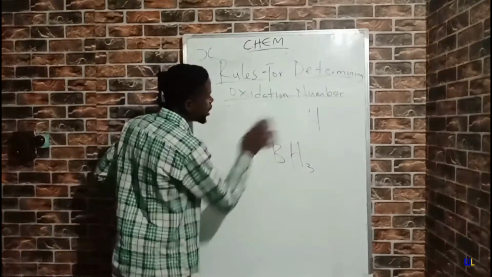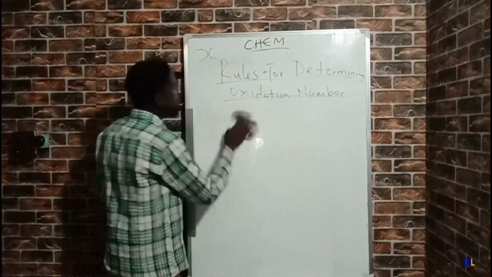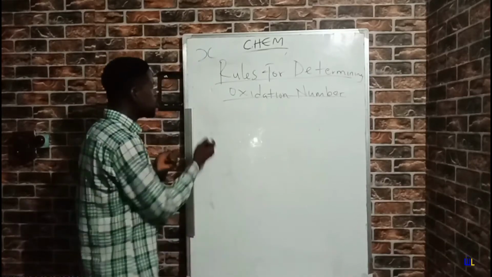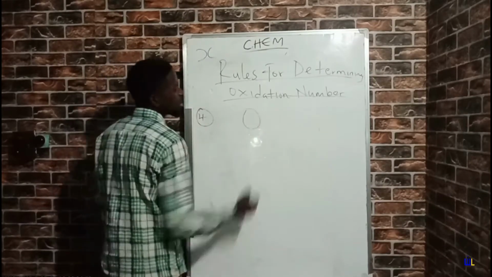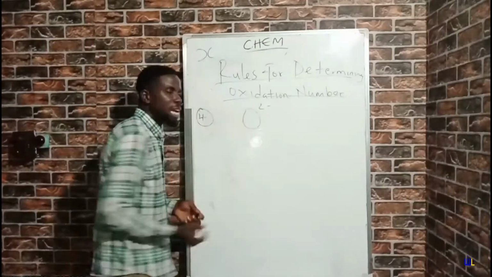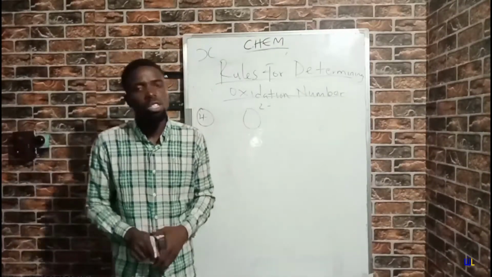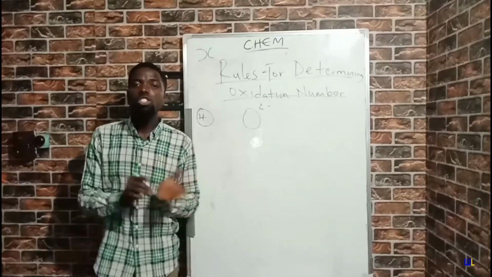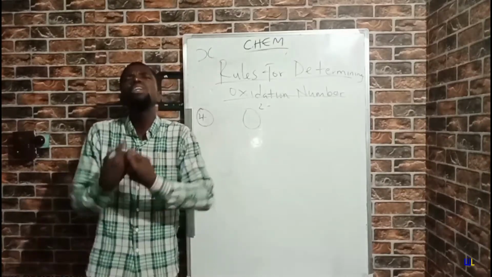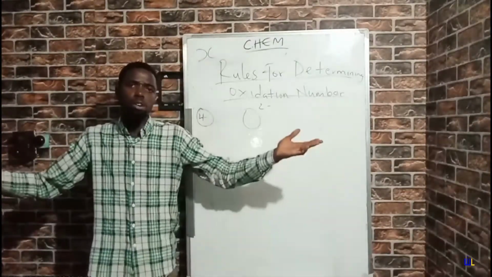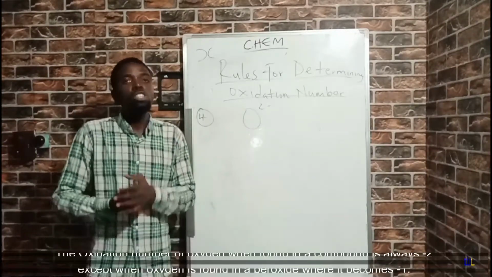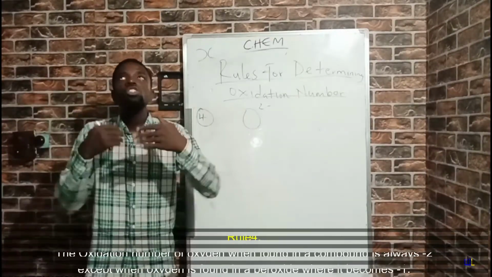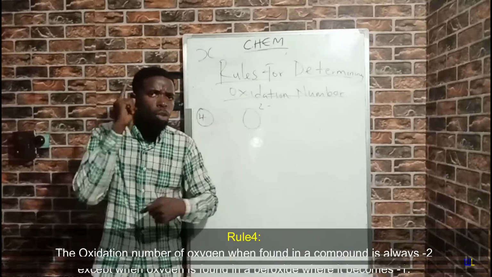Let's move ahead into rule number 4. Now, rule number 4, just like hydrogen, has that anytime you see oxygen found in a compound, the oxidation number of oxygen is always -2 when it is found in a compound.